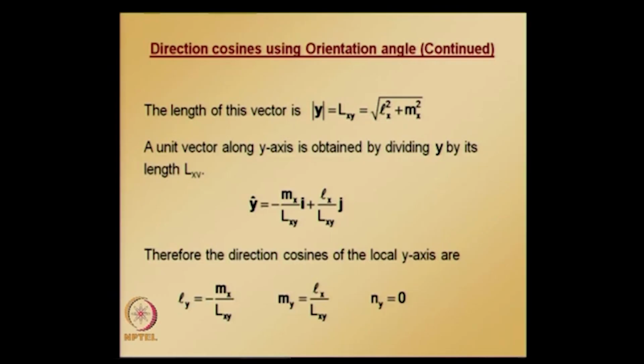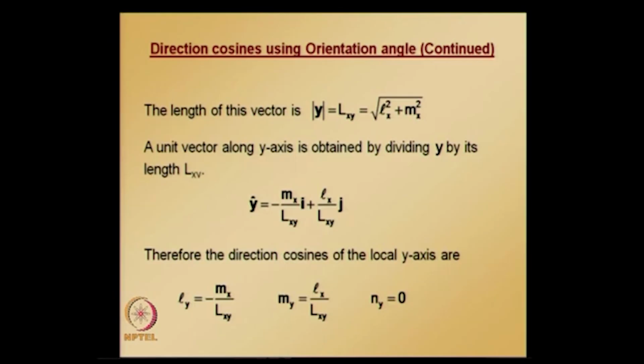So, the direction cosines of the local y axis are these ones. So, what we have done so far is we have calculated the direction cosines of the local x axis, and using the vector product between the unit vector along global z axis and the unit vector along local x axis, we obtained a vector along the local y axis, and by normalizing it we got the direction cosines of the local y axis.